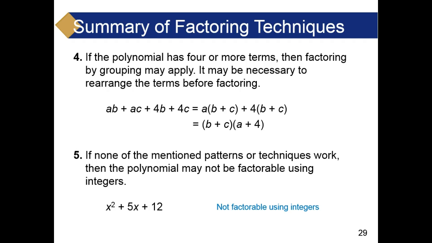But guess what? Try all those, you're not going to come up to 5x. Can't work. In fact, the smaller the numbers are, 3 and 4 would be 7. You can't get any smaller, okay? Never going to get a 5 there. So it's not factorable using integers. Good deal. Any questions on that?